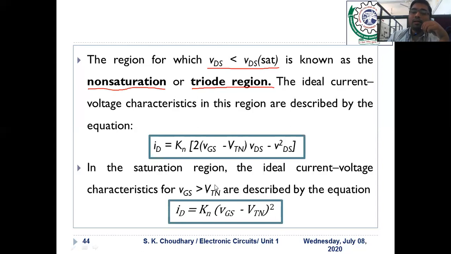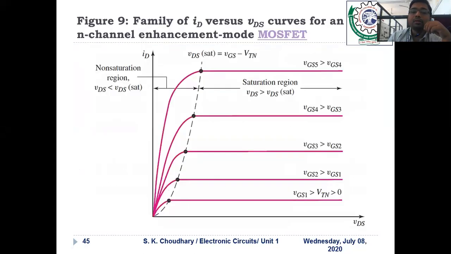Now we have to see what the important elements in this particular formula are. Before that we have to go through this particular graph. This is the family of ID versus VDS curves for an n channel enhancement type MOSFET, and this is called the ideal IV characteristics of the n channel enhancement type MOSFET.